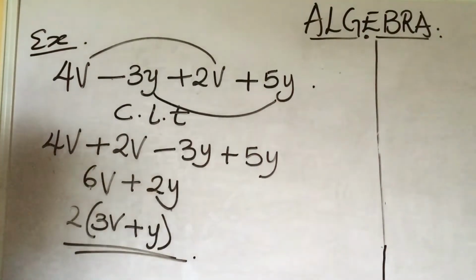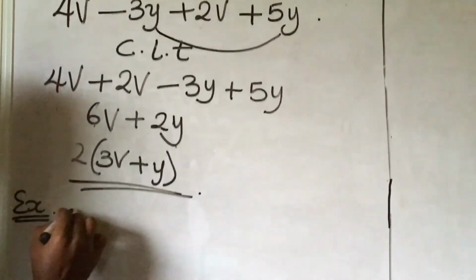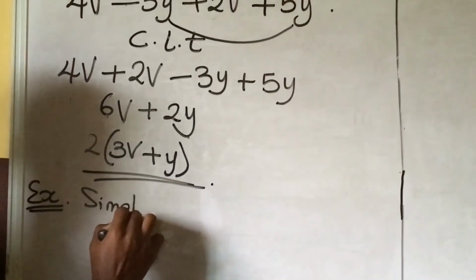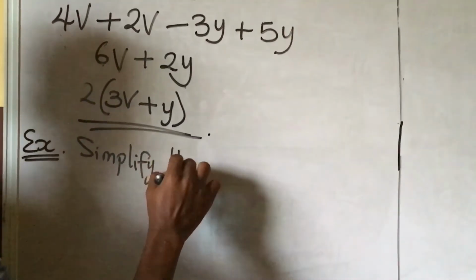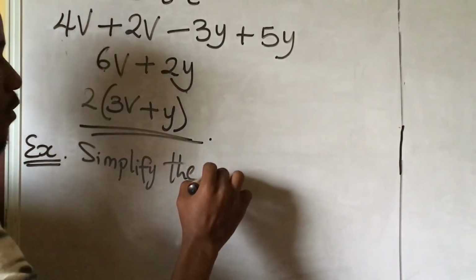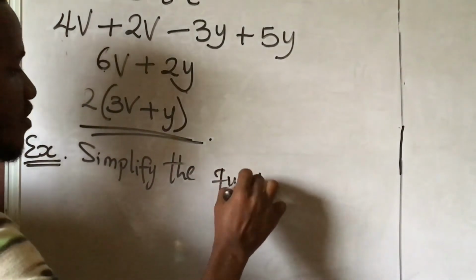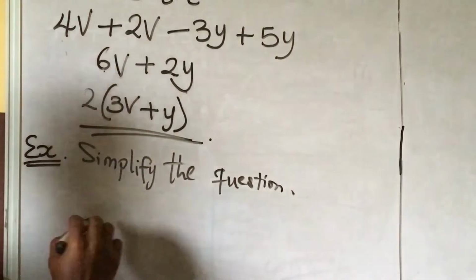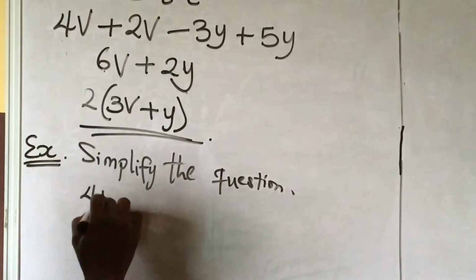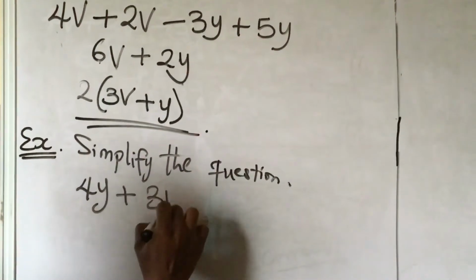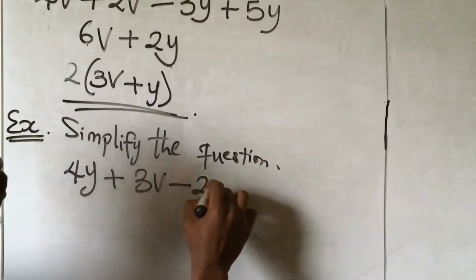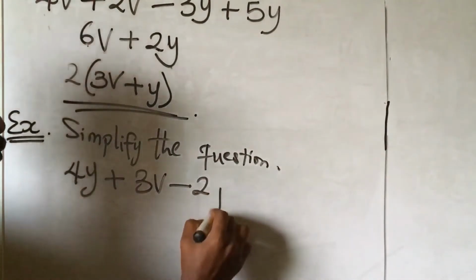Alright, let me also look at another example. So another example says, simplify the question, okay? Now we have something like 4y plus 3v minus 2j, okay?